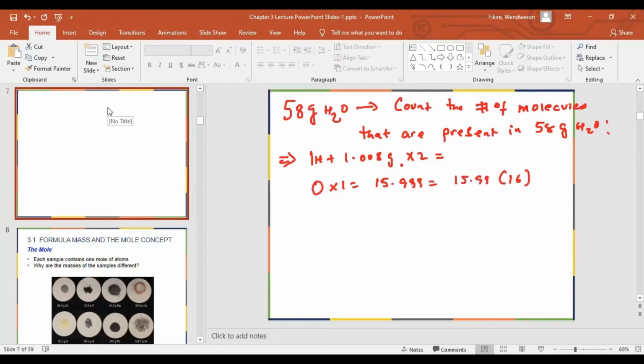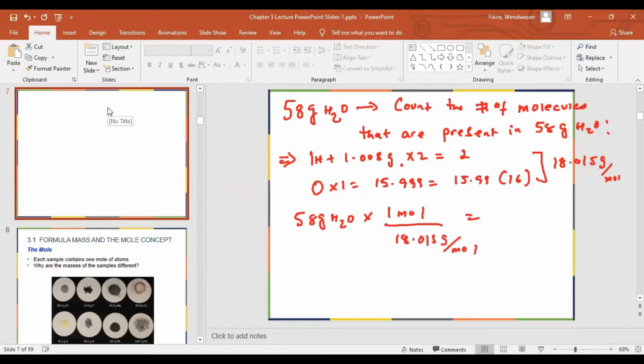We added those and the total was 18.015. Now from there, you take the 58 and divide it by that 18.015, which gives you 3.2 moles of water. What's the number of moles that we have here? 3.2 moles of water.